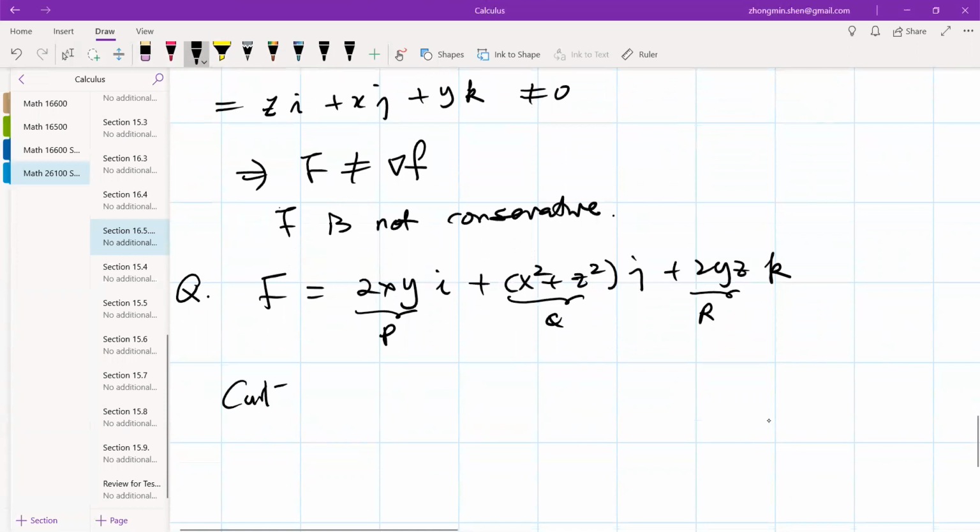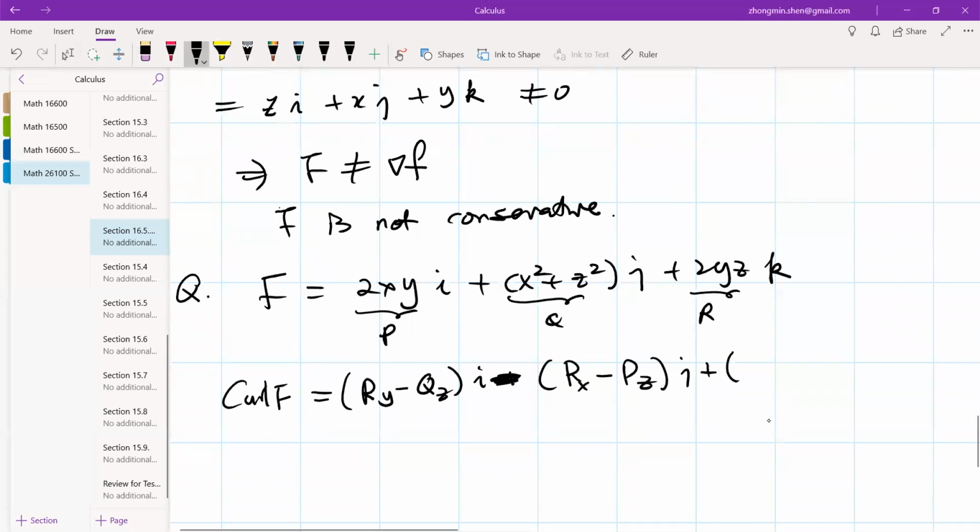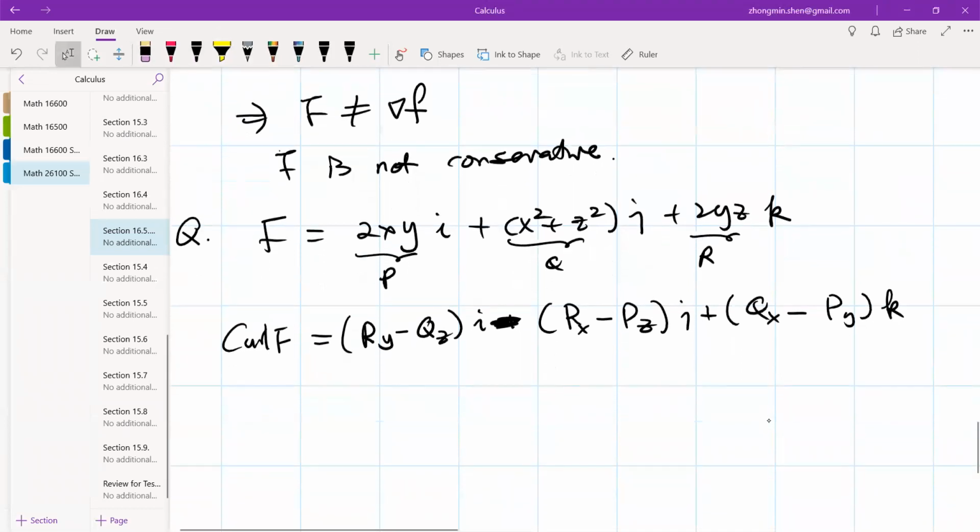So the curl of F is going to be (Ry minus Qz) i, let's write down all the terms, and a negative (Rx minus Pz) j, plus (Qx minus Py) k. So let's do the computation.